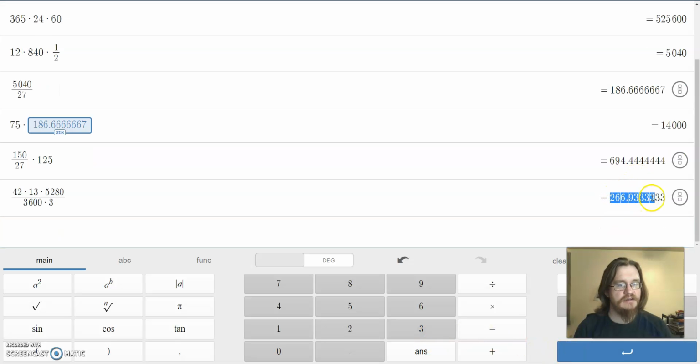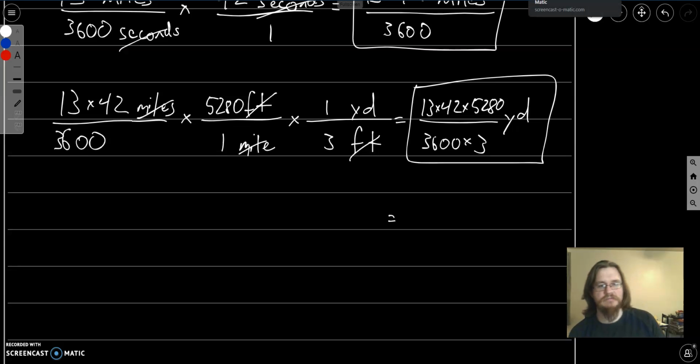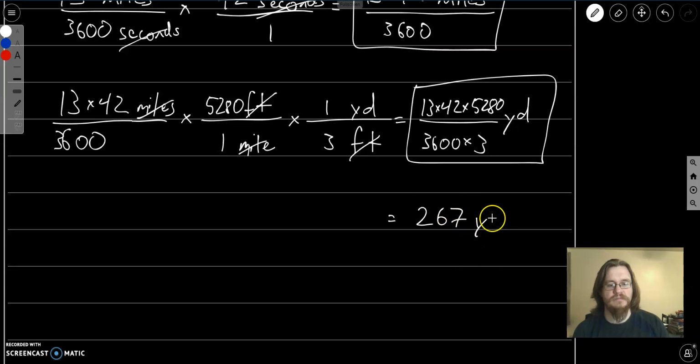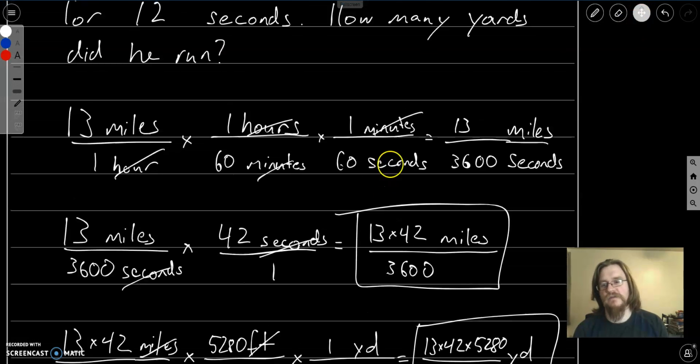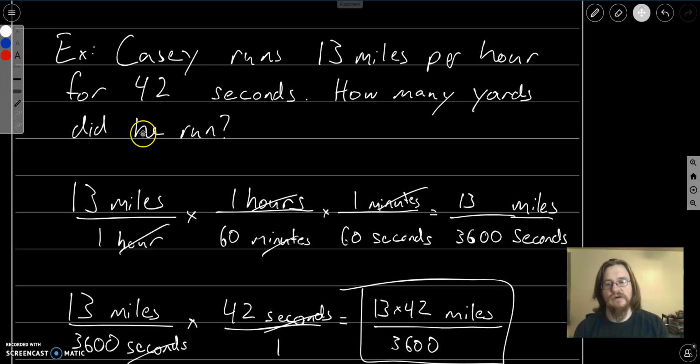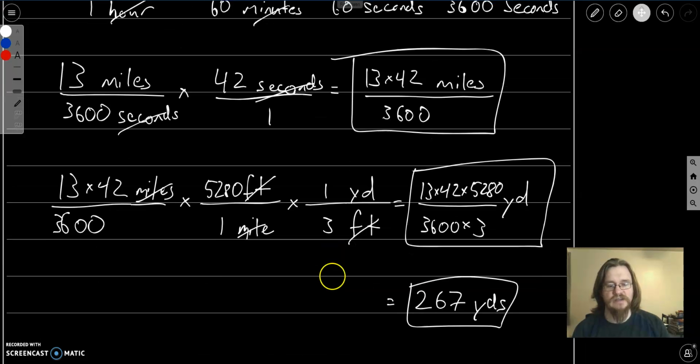And then as I look at this, I will round this to the nearest whole number, so to the nearest yard, and so this will be 266. But I look at the 9 and I round up, so this is going to be 267. So this is how many yards that I ran if I were to run 13 miles an hour for 42 seconds.